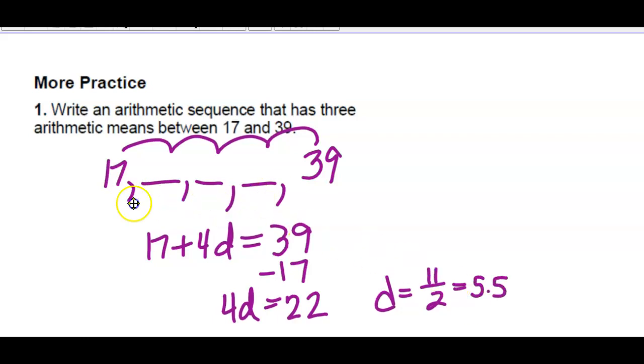So if we add 5.5, we get 22.5. Add 5.5, we get 28. Add 5.5 would be 33.5. Add another 5.5 would be 39. So that works.